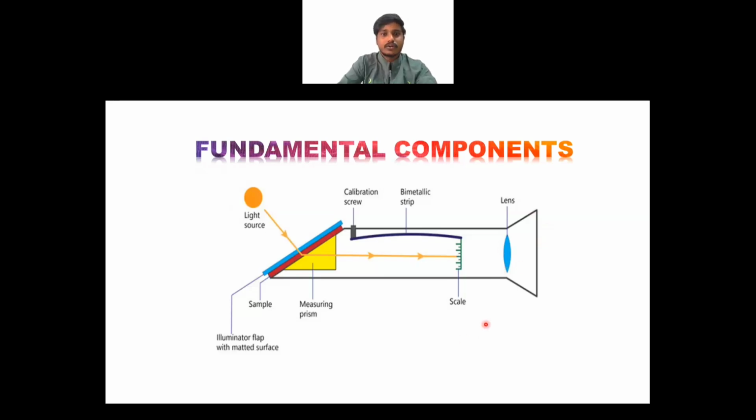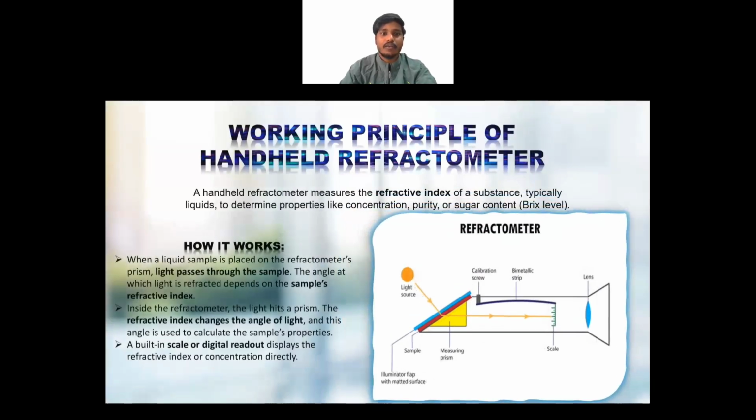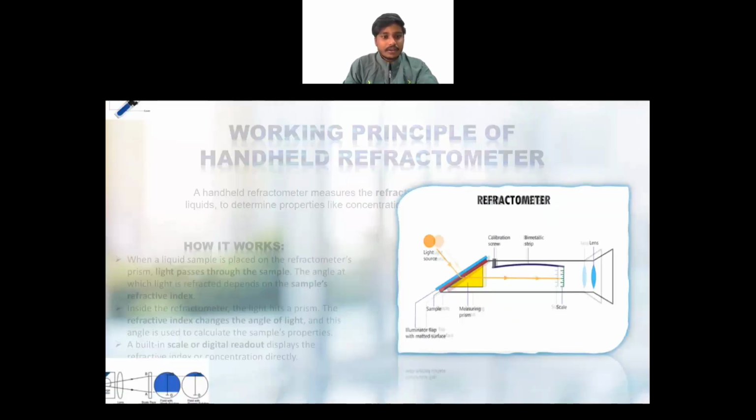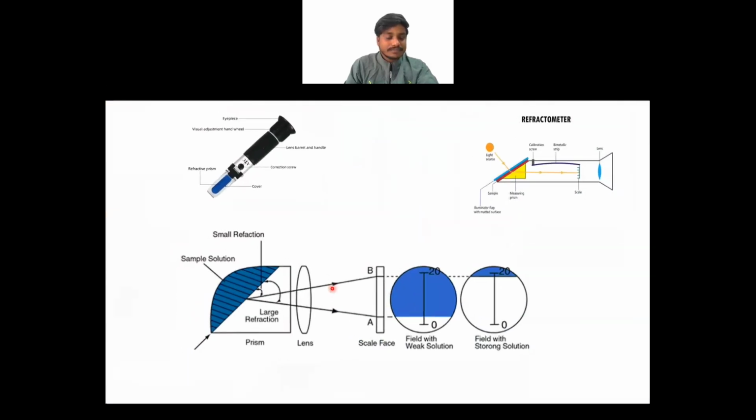And then slowly delving into the working principle of the handheld refractometer. Let's see this process in a schematic diagram. Firstly, when liquid is dripped onto the prism, it should be evenly distributed on the surface of the prism so that no errors can occur.